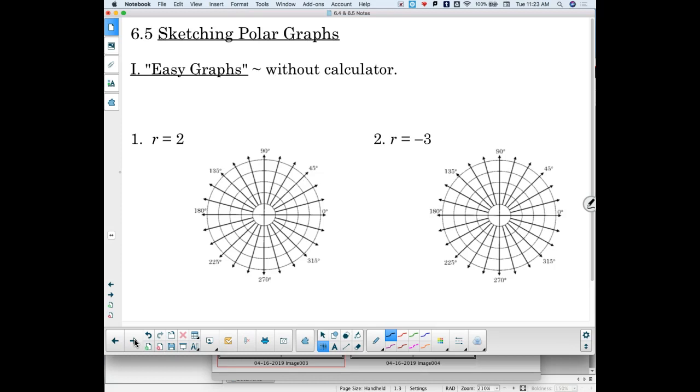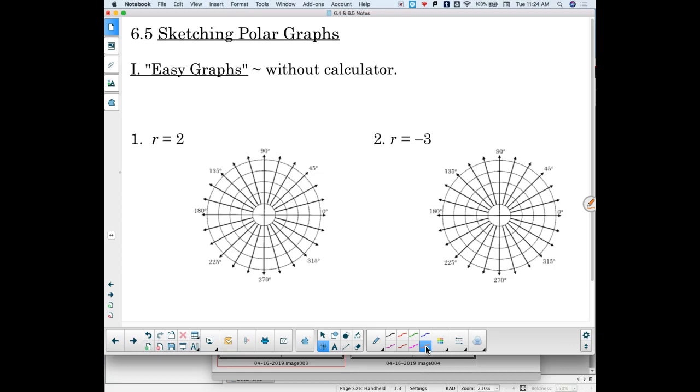R equals 2. What does that polar graph look like? What you got, Emma? Circle with a radius of 2. Centered at the pole.